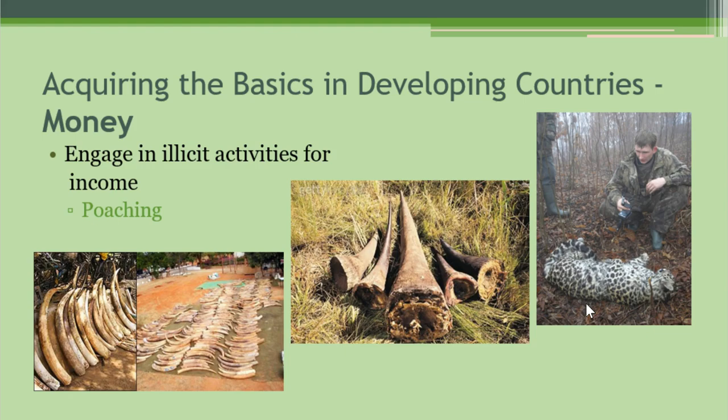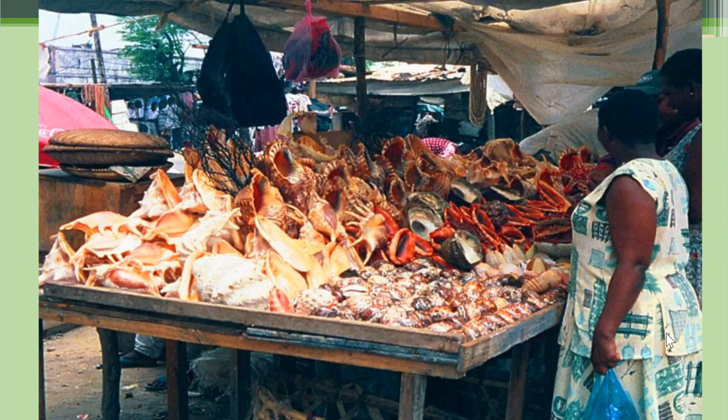That can be poaching, and what you're looking at here are elephant tusks, rhino horns, and pelts of endangered species. That can also just be over-harvesting. These are all shells, they're all caught wild, and so that puts a huge burden on the oceanic community, right? So just harvesting stuff, decorative plants, all of that.